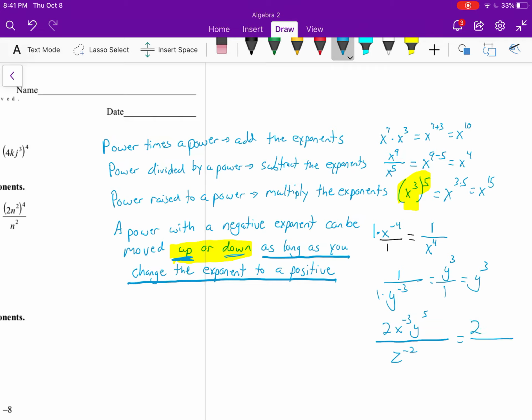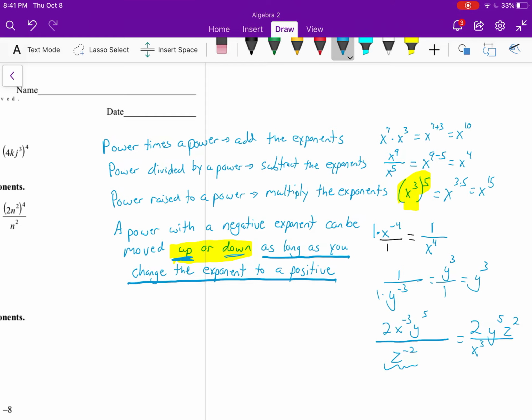But the x to the negative 3, it's up, so we can move it down as long as we change the exponent to positive. The y to the 5th, nothing happens with that. And then the z to the negative 2 in the denominator, well, that's a negative, so that is down. It can move up as long as we change it to a positive. So that would be simplified there.